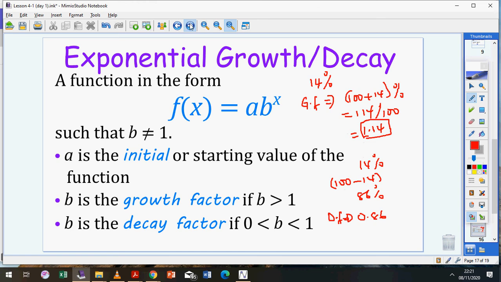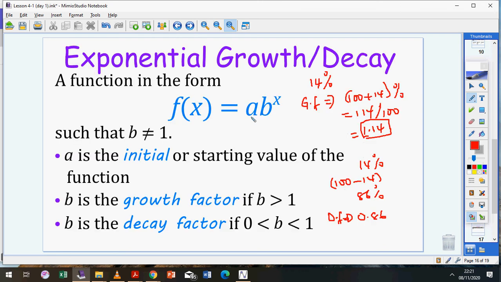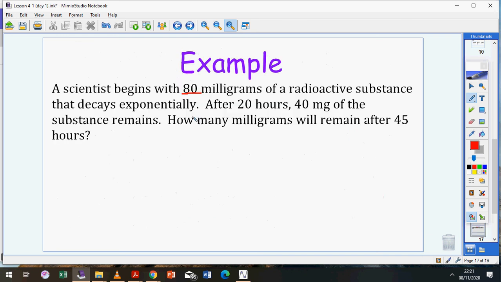Alright, so let's do some examples. A scientist begins with 80 milligrams. Remember, here we found that A is the initial or starting value. So since that's the initial value, I know already that this is A. It decays exponentially, good. After 20 hours, right? 20 hours is time, so this is going to be my X value. 40 milligrams of the substance remains, that is my Y value.